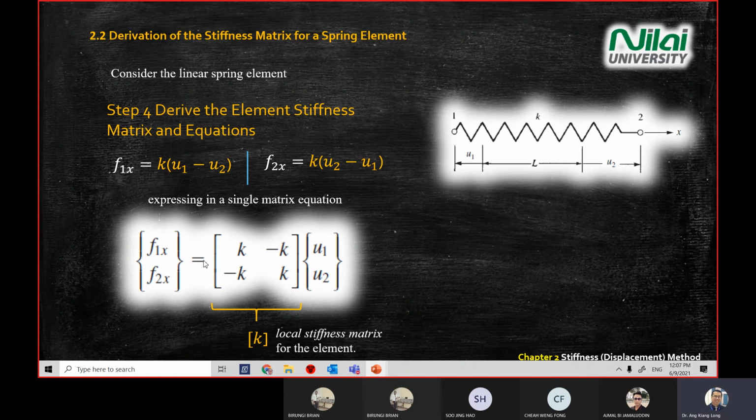So what is important from the previous lecture is that you must know how to derive this matrix form.